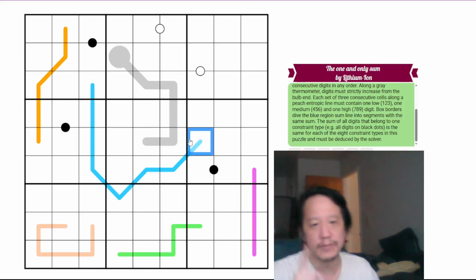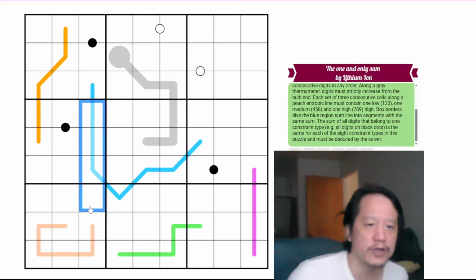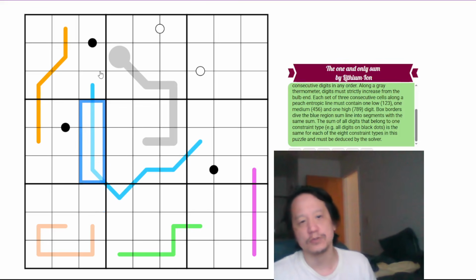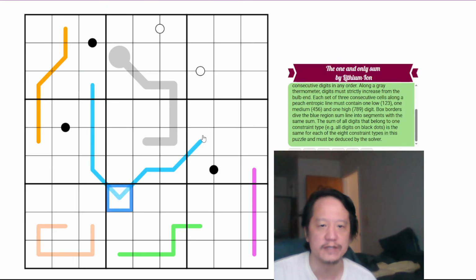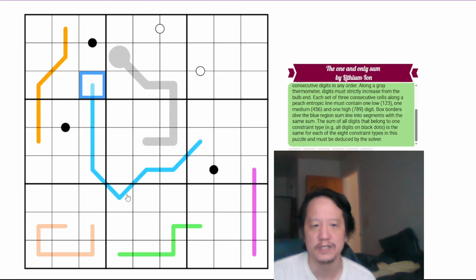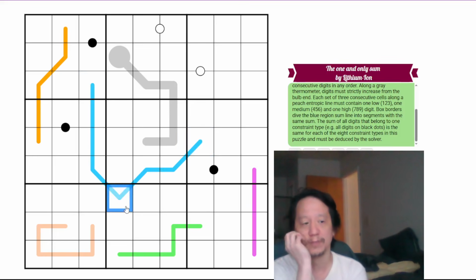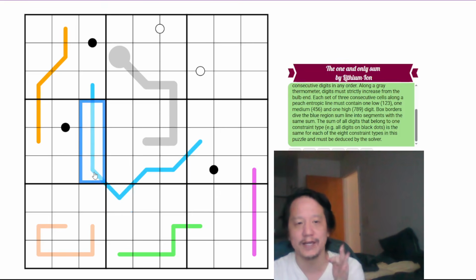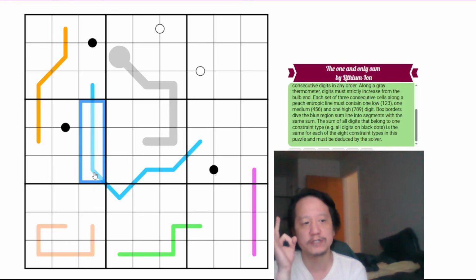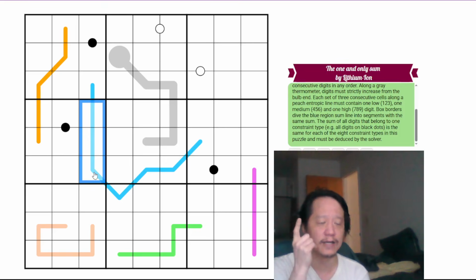And on top of that, you have 3 unique digits adding up to whatever this digit is. So this digit must be the same as that digit, which must be the same as that digit, because again, these are segments by themselves, and they must be the same sum. Well, that adds up to 3 unique digits that must add up to it.